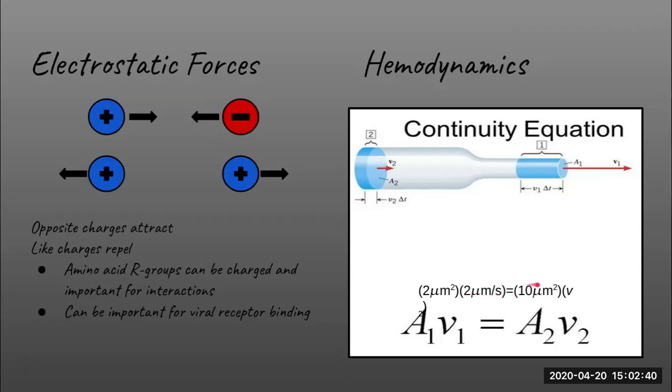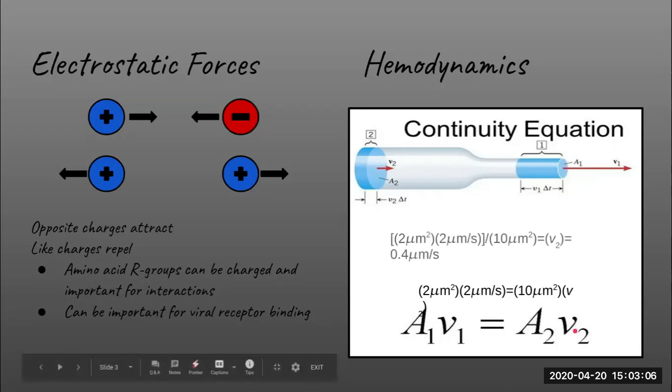Then the other side of that equation: let's assume that the area is getting larger, as is the case when you have an inflammatory response. You have this vasodilation because of these inflammatory mediators. It will open up blood vessels. So we're going from a small area to a larger area, and then we can ask ourselves, what happens to that blood flow?